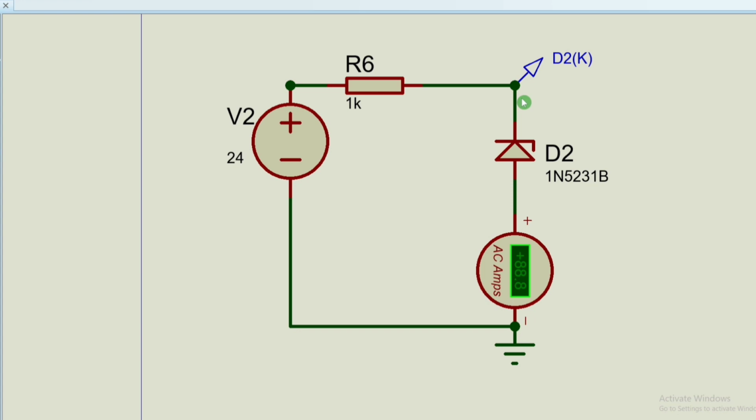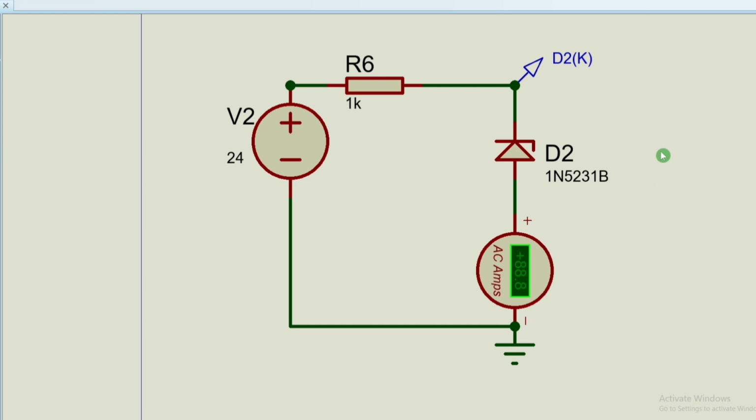And one thing you should keep in mind is that you always have to select this R in such a way that the maximum current flowing through this Zener diode should be 0.1 ampere. That is written in its data sheet. So one question that comes to mind: what if I apply a load across this terminal?